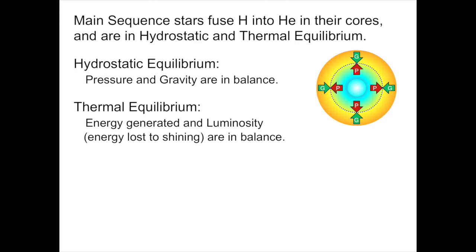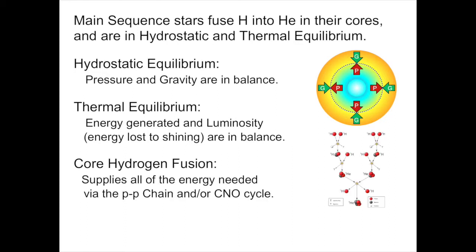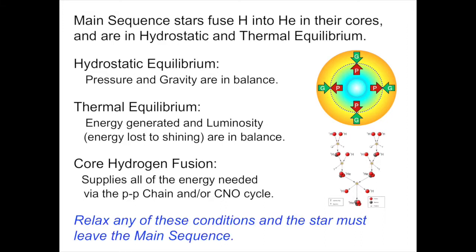It's the state of hydrostatic and thermal equilibrium that defines the state of a star when it's residing on the main sequence. A third definition for a main sequence star is fusion of hydrogen into helium in the core. This is important. Not fusion anywhere, but in the core. This fusion supplies all of the energy needed for the star via either the pp chain or the CNO cycle, or both in a transition between low and high mass stars.